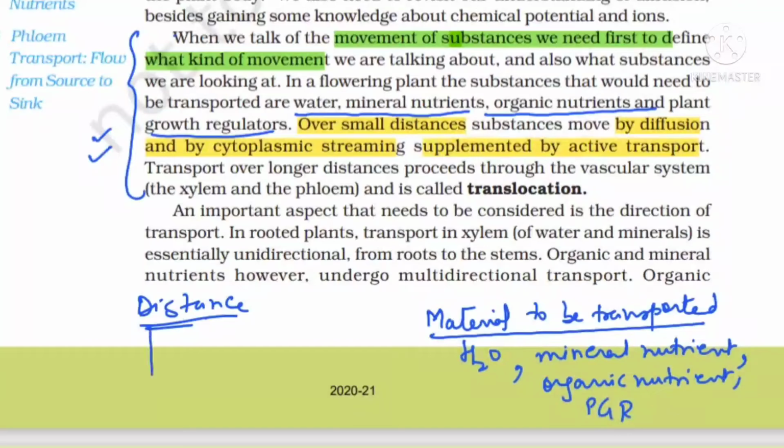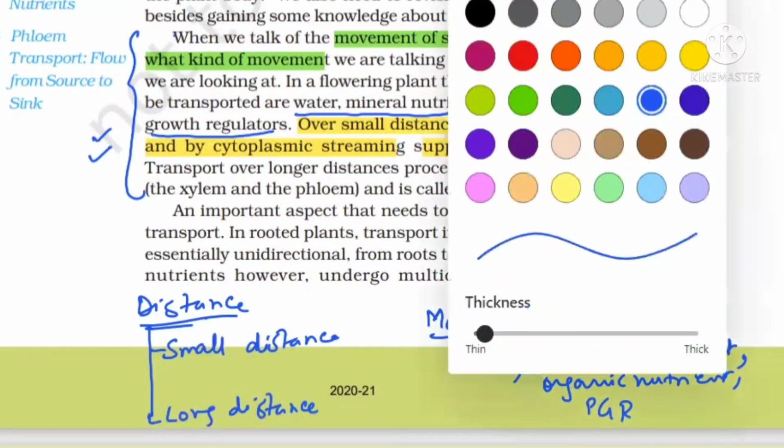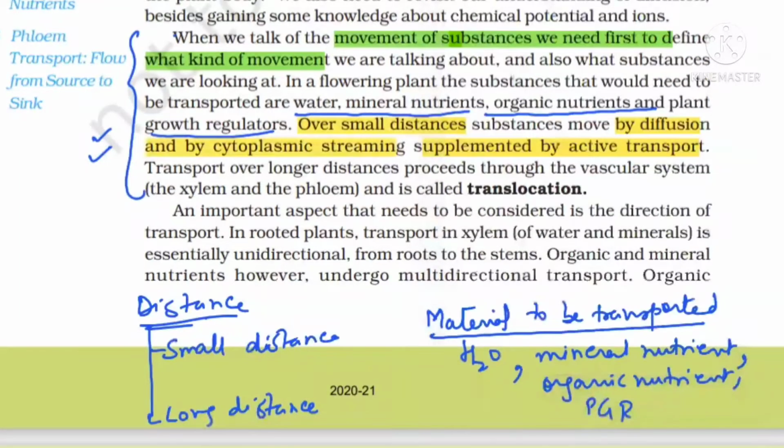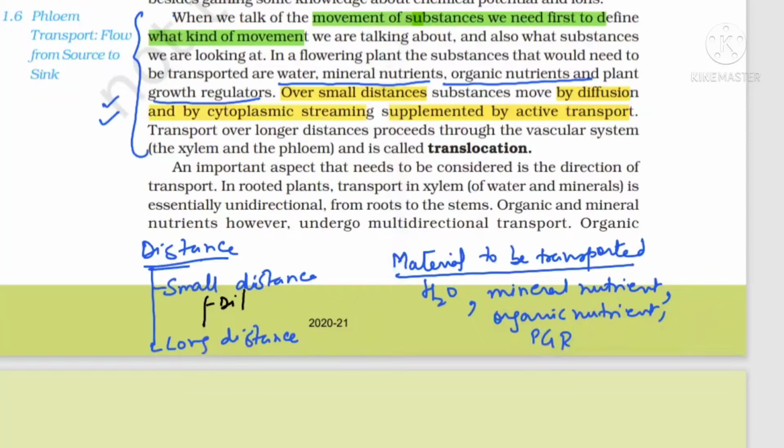So two types of distance can be there, material has to be transported either for small distance or for large distance, or it is for the long distance. So now the small distance, how are we achieving it? Small distance movement is achieved with the help of diffusion and with the help of cytoplasmic streaming.